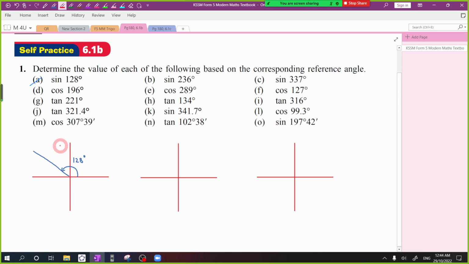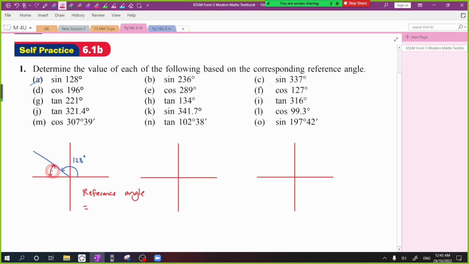What's the size of the corresponding reference angle? Or we can call it reference angle. The reference angle is over here, right? Always remember, the reference angle is the angle between the x-axis and the terminal side. Okay, so how to get this angle? I think it should be no problem. Reference angle, or you can call it corresponding reference angle because your textbook uses corresponding reference angle.